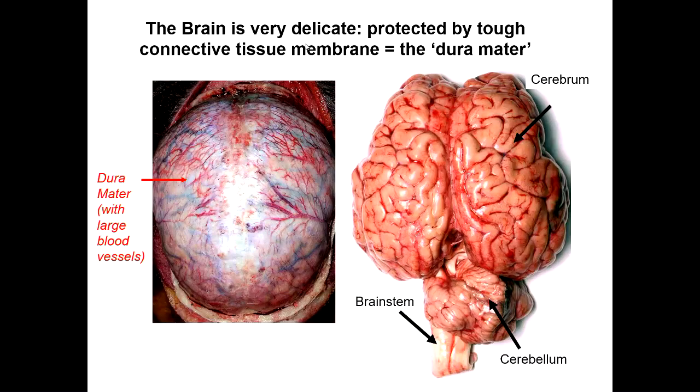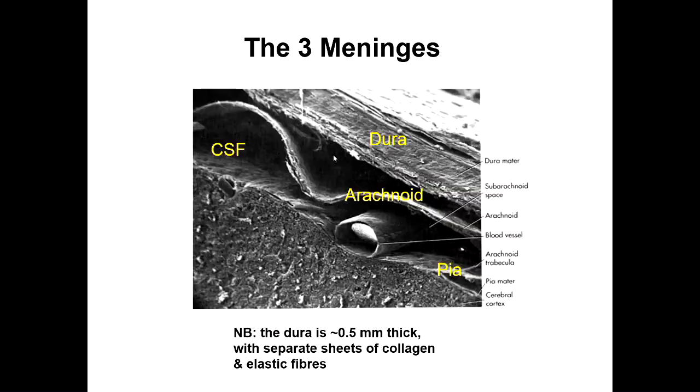So, for example, you see these blood vessels here that are running actually in the dura mater. If you have a head injury that causes those blood vessels to rupture, the blood will leak into the potential space between dura and arachnoid, and that is called a subdural hematoma.